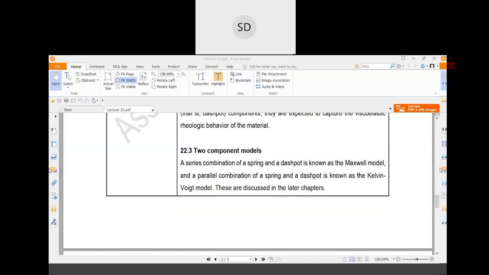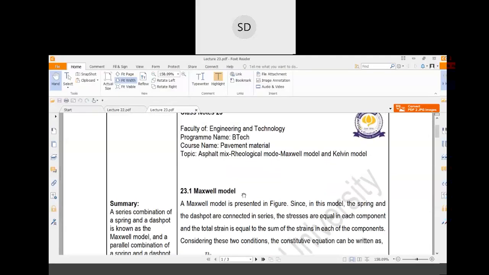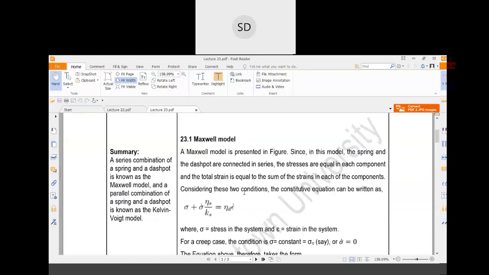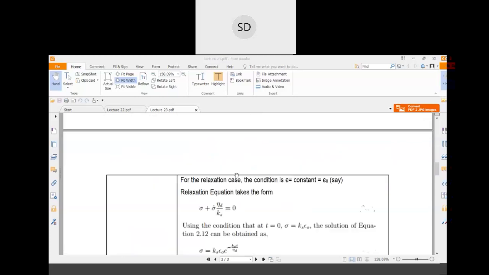In another model, the spring and dashpot will be connected in parallel, and that type of model is called the Kelvin-Voigt model. We'll discuss the Maxwell model and Kelvin model in our next class.